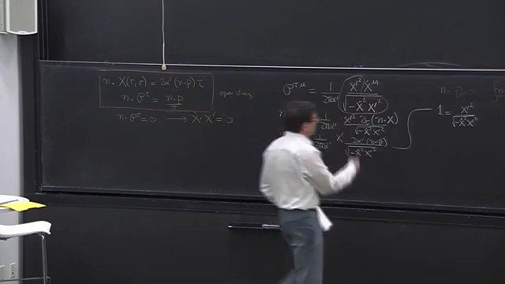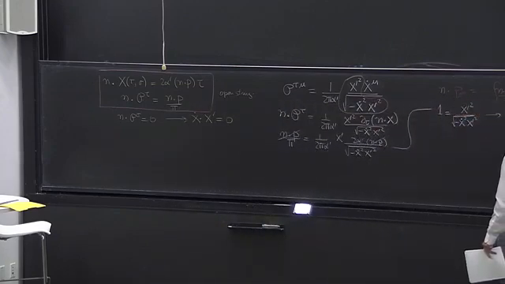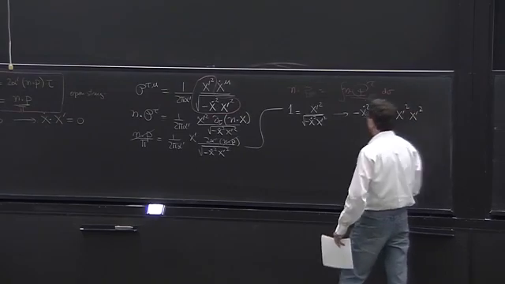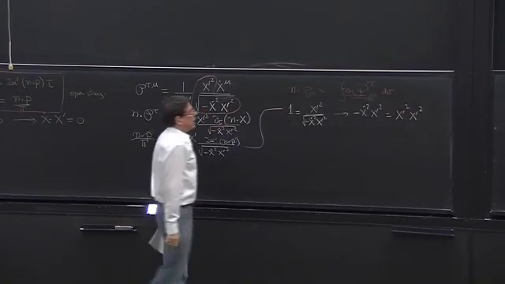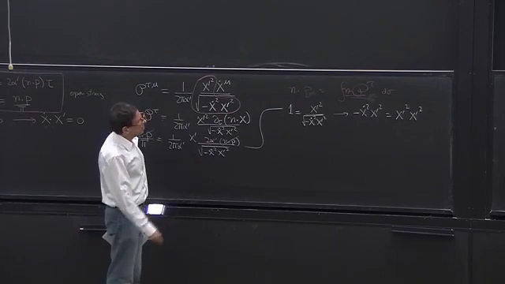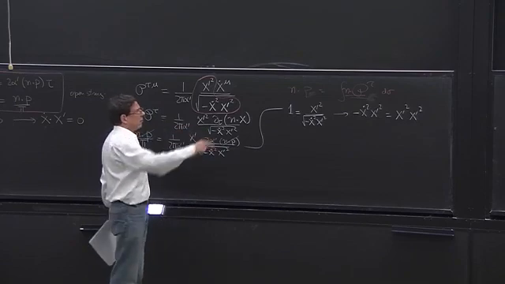But let's unpack this by squaring it. So you get minus x dot squared x prime squared equals x prime squared x prime squared. X prime is non-zero because it's a space-like derivative on the string.